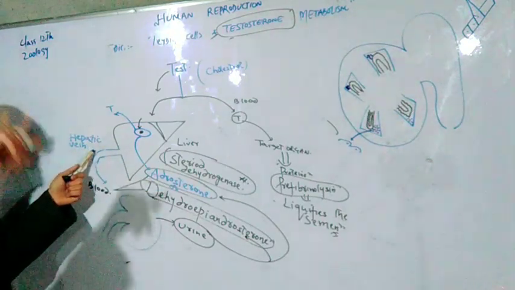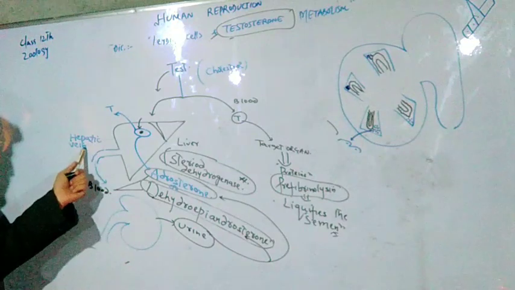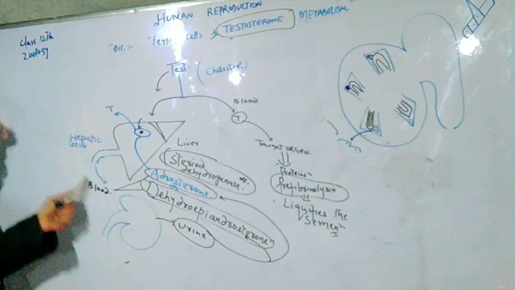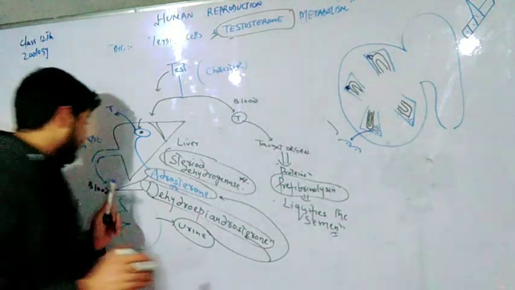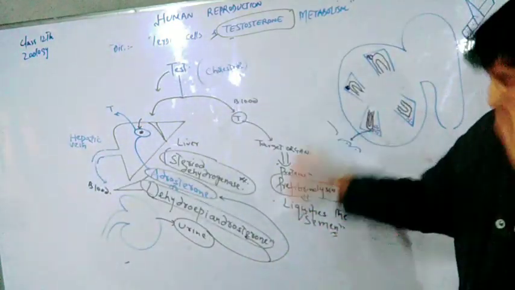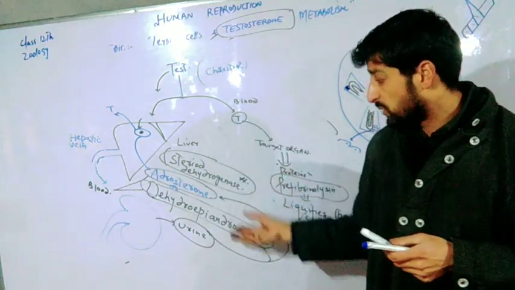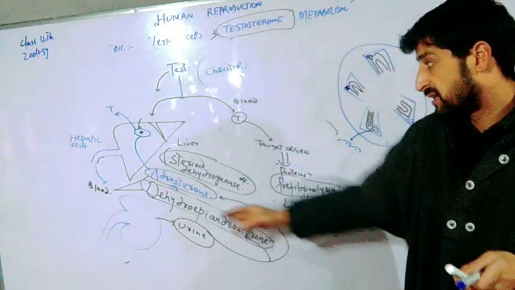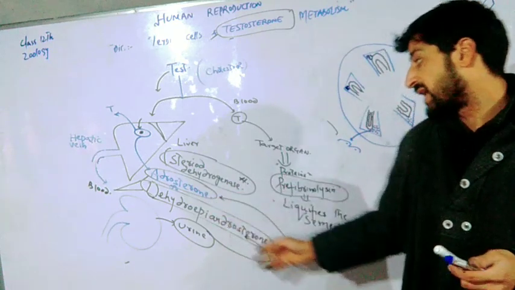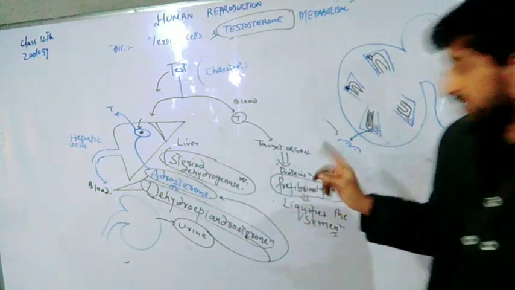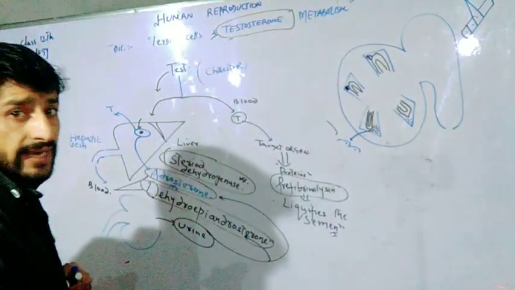Blood was taken away from the liver by this hepatic vein, and finally the blood will reach the kidneys for filtration purpose. If we examine the urine of human males, then androsterone and dehydroepiandrosterone can be found in the urine of human males. Now, next point.